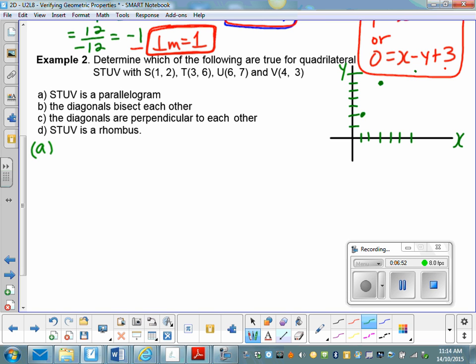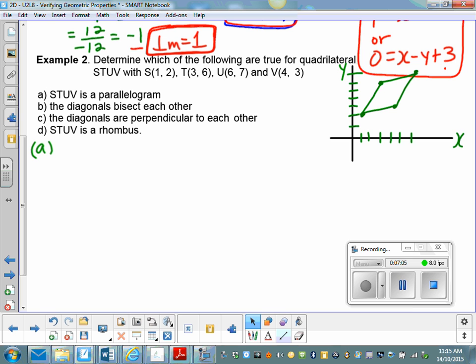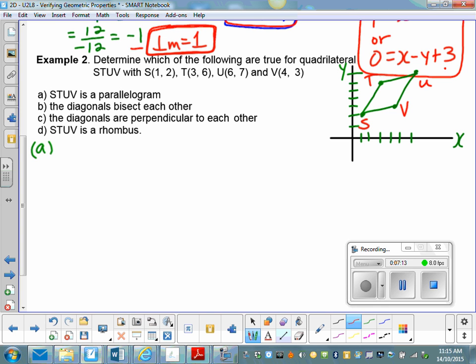Right there. And V is 4, 3. That's going to be right there. So let's draw those. And again, this doesn't need to be a perfect picture, but at least it gives you an idea of where everything is. So there's S, there's T, there's U, and there's V.